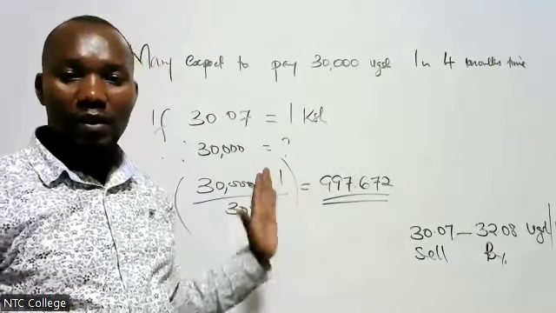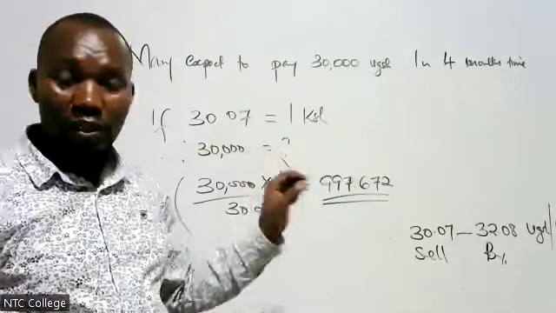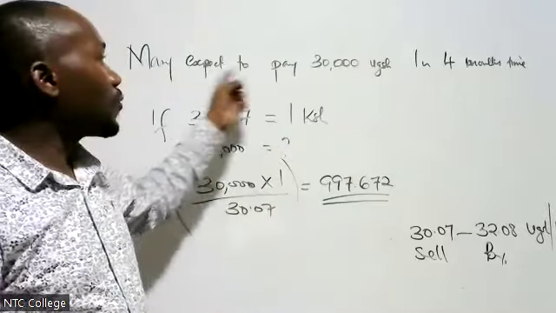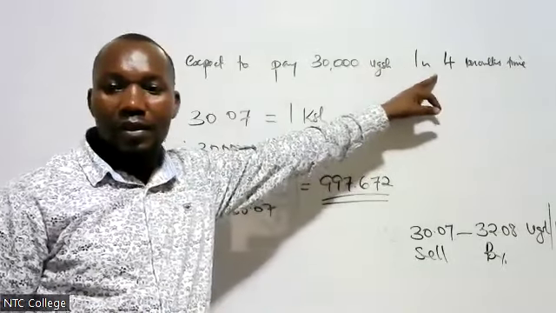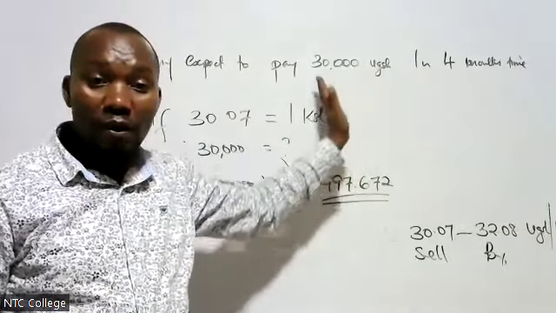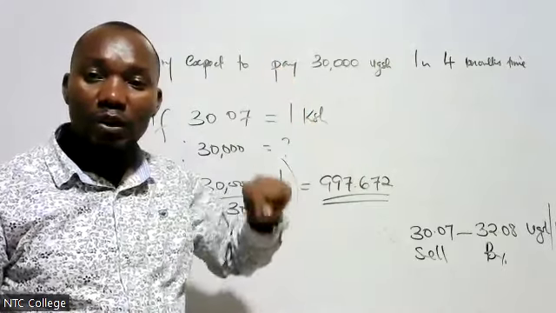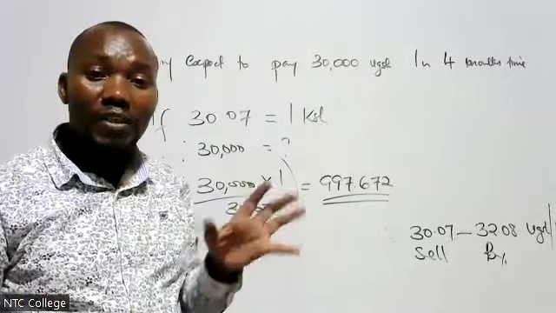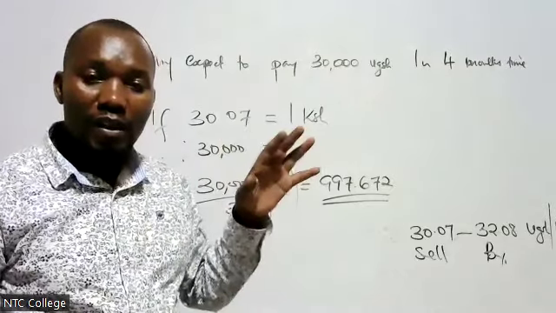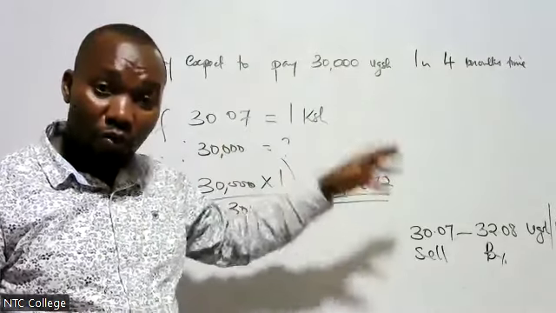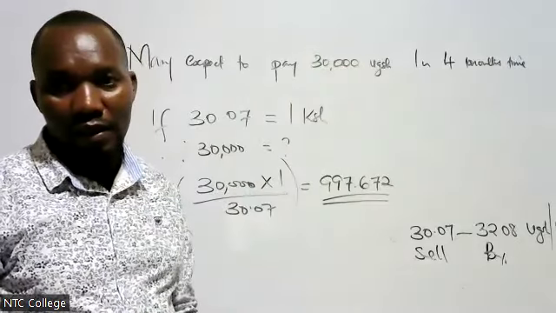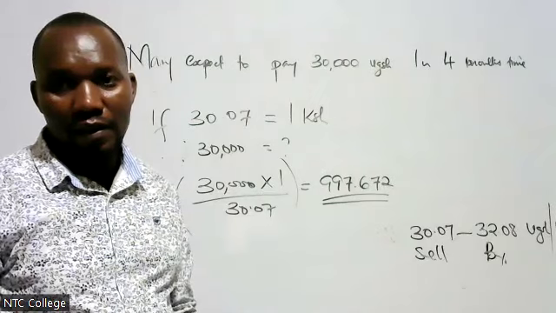Ndio tulitumia 1,000 kwa sababu the exchange rate spot rate was 30. But now in 4 months time, that is when they are supposed to make the payment. So we said we need to get the 4 months time exchange rate which we were not given. So for us, we only had to do that by using the discount rate. We add it to the spot rate, alafu tunapata what the 4 months rate will be. All right.